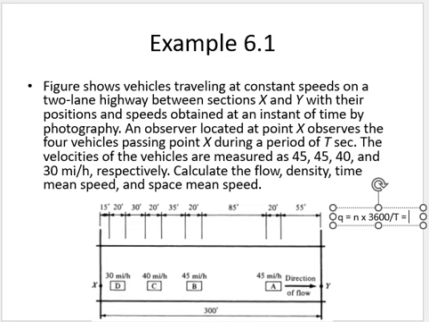This is what they have done in the book. They kept it in terms of T because T is unknown.